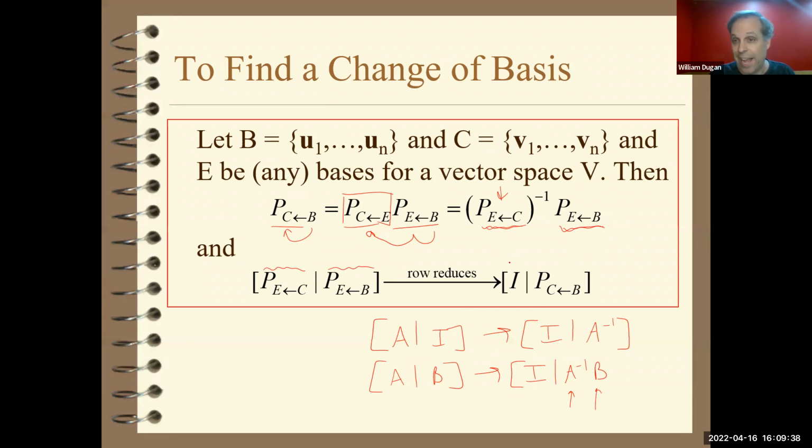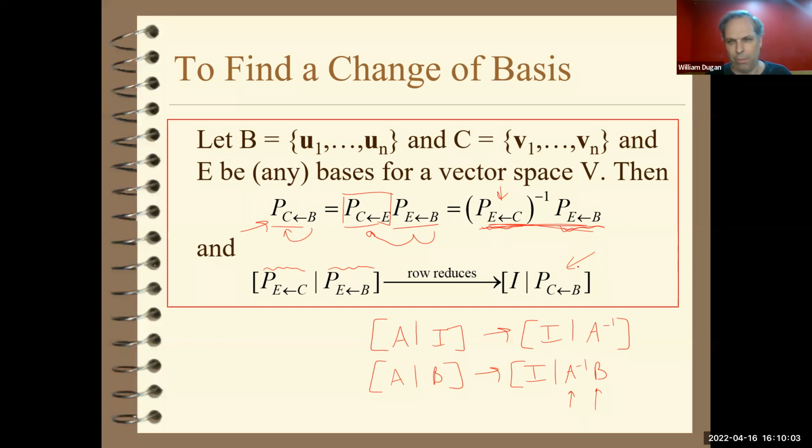The left-hand side has to become the identity, and the right-hand side has got to be this product, which is the thing that you want, right there. Neat, right? So then it's really easy to use our computational power we've built up in Rn to find the change of basis from B coordinates into C coordinates.